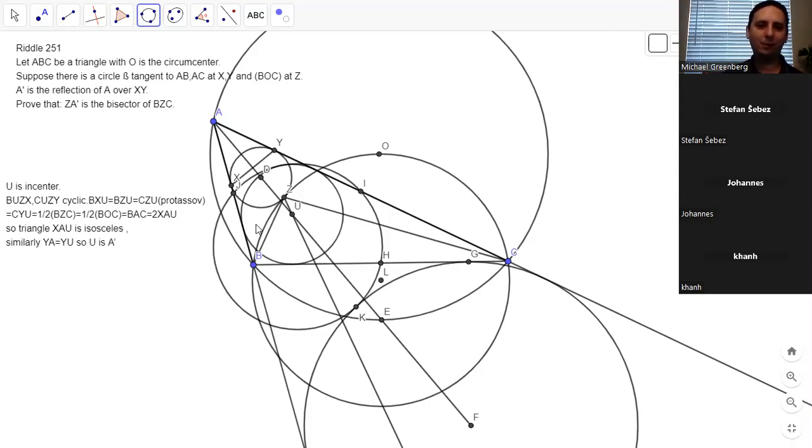So XA is XU and YA is YU, so U equals A prime, and then that solves it. Okay, but wait a sec. So we define U. Okay, so I think this works, right? This looks like it works.